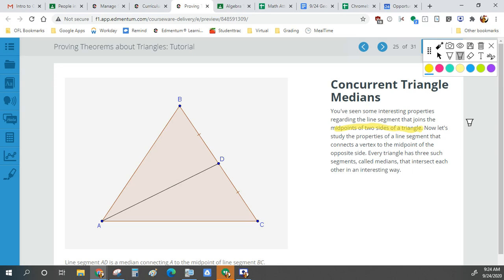Midpoints of two sides of a triangle. So basically, whenever we're talking about median, we're not talking about it like it is in statistics. Median is midpoint to vertex. Midpoint to the vertex. Obviously not the opposite vertex. I'm not going to say the midpoint from here to here. That's just a mid segment.